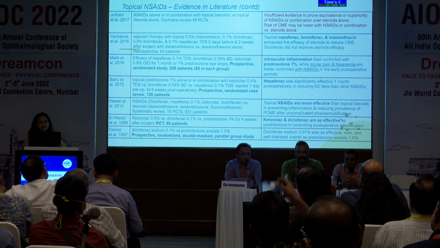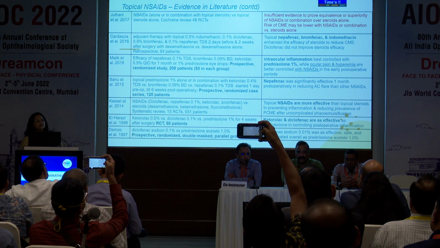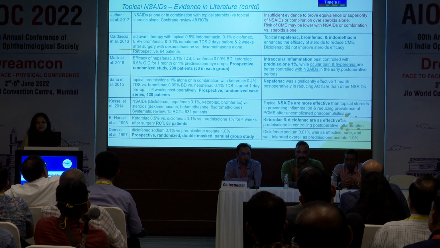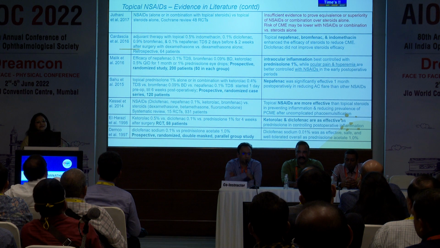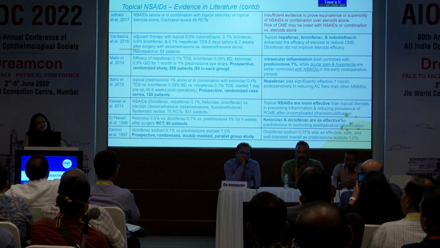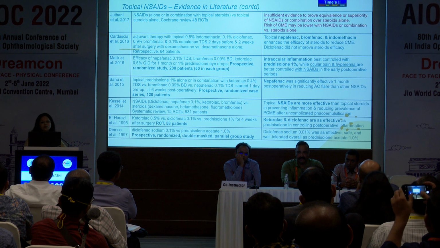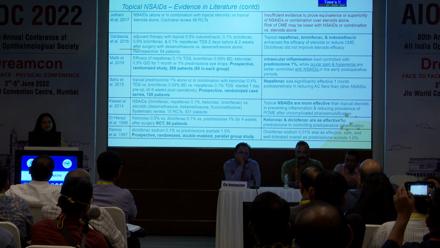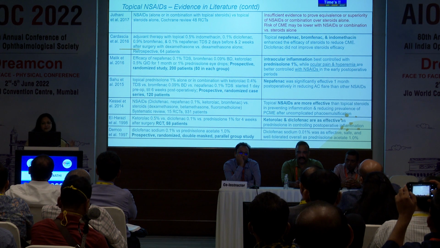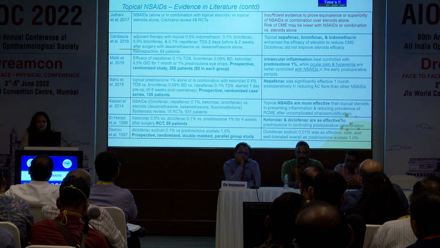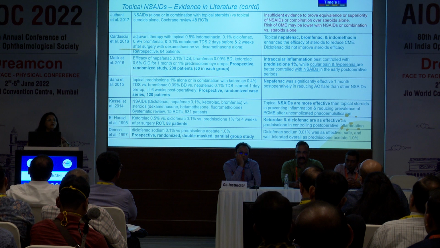By and large, the Cochrane study, which came in 2017, makes us understand that the evidence is probably insufficient to prove an equivalence or superiority of using either NSAIDs alone or in combination over steroid usage. But that is for ocular inflammation.